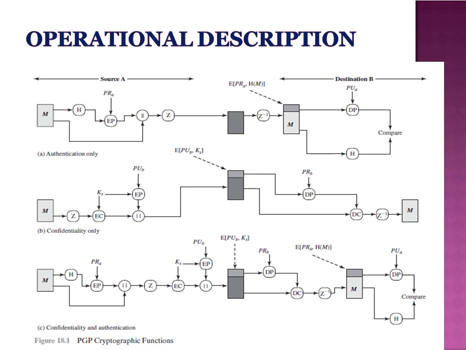M at the receiver. Finally, the last figure shows the combination of both confidentiality and authentication. Let us see how this is done now. Firstly, a signature is generated for the plain text message and this is prepended to the message M. Then the plain text message plus signature is encrypted using any of the algorithms such as CAST-128, IDEA or 3DES, that is triple DES.